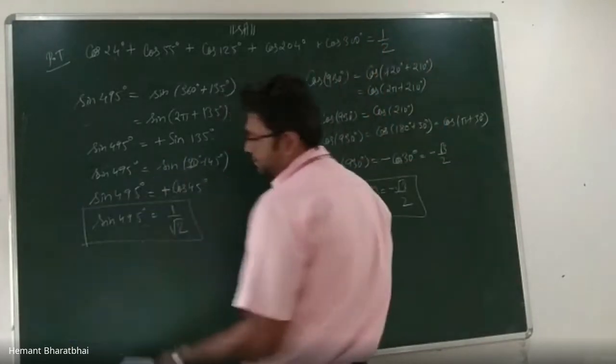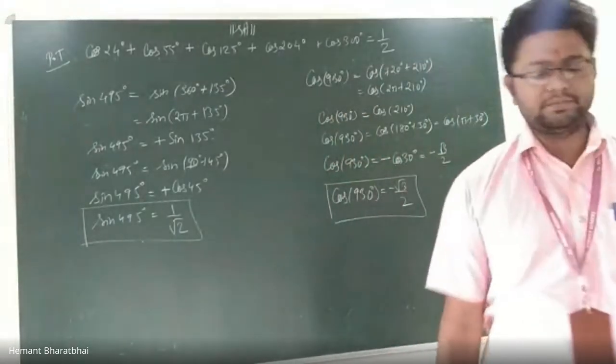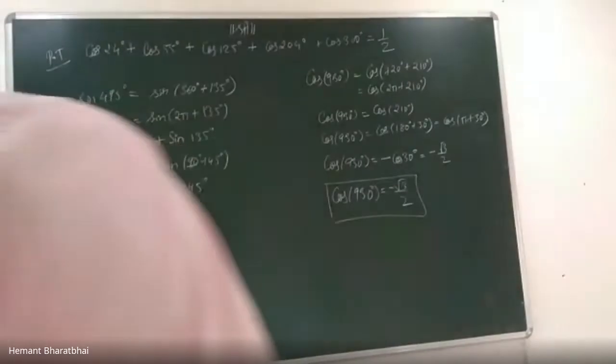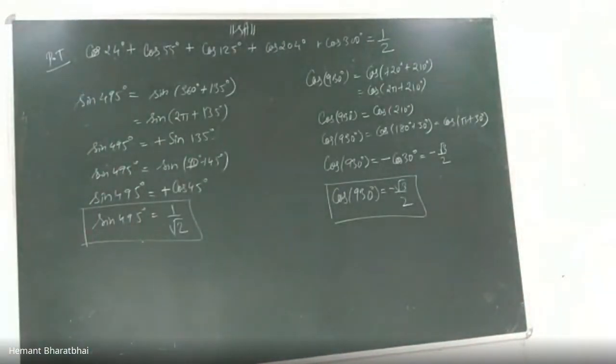We have to prove this. When I add all these values, I get how much? 1 by 2. So till the time I rub the board, you guys can try this numerical.